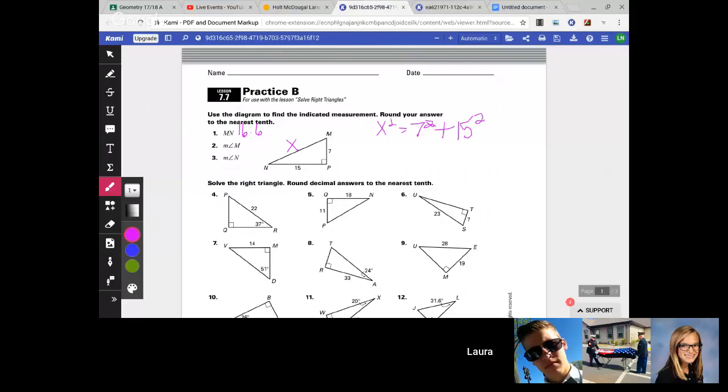Now you can see the whole worksheet. Number 4, you wouldn't need it because you could use triangle sum to get angle P. Number 5, you would need inverse because you only know the right angle. Number 6, you would need it because you only know the right angle. Number 7, you could do triangle sum again because you know that 51, you can just subtract. That makes sense, the difference of when you need it and when you don't?